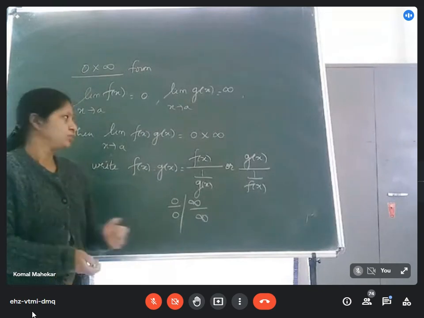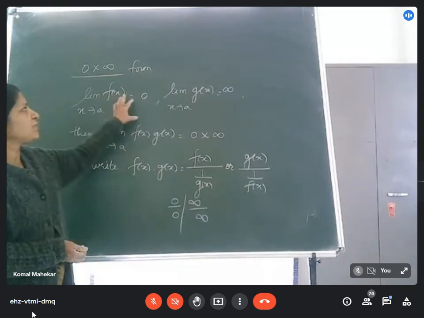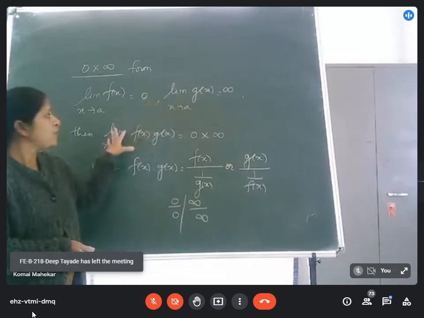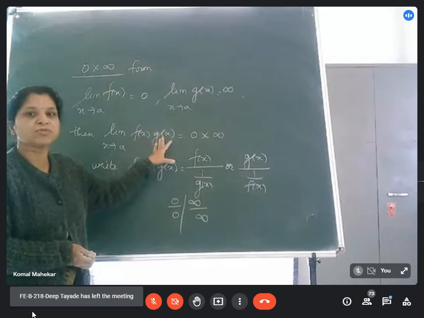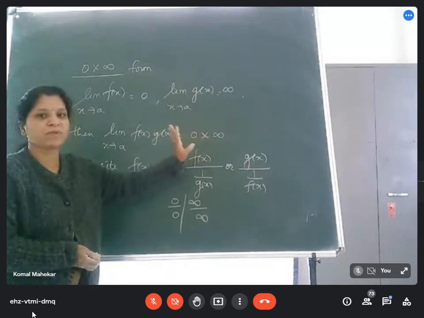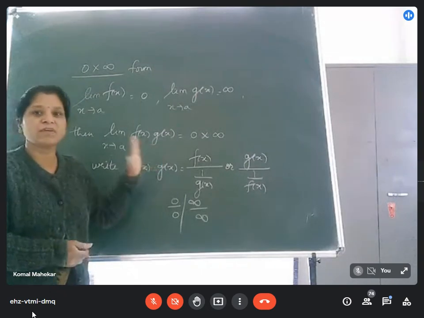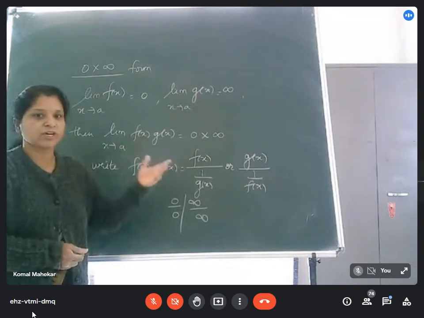ठीक है. So here, if limit of first function is 0, limit of second function is infinity, then limit of their product fx into gx will be in 0 into infinity form. Then how to solve the 0 into infinity? Directly we will not apply the L'Hospital rule for that.